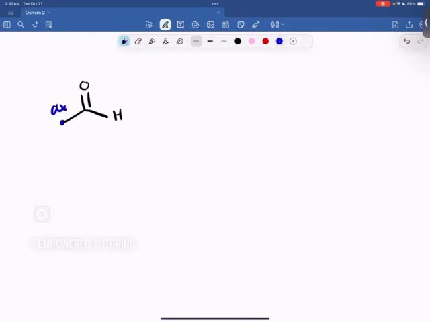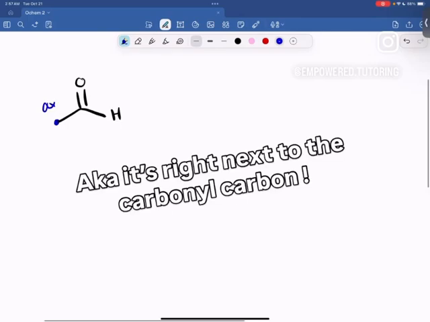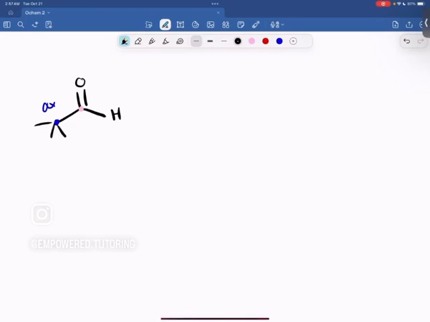We typically call this the alpha carbon, meaning it is alpha to the carbonyl carbon. The carbon on the terminal end is going to have three hydrogens implied, unless it's bonded to something else. When we don't draw it, there are still three hydrogens there.